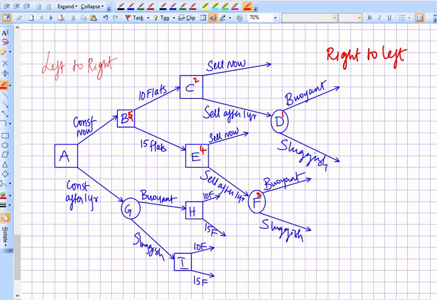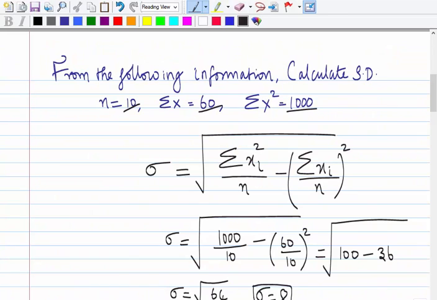Then similarly, if you want to evaluate at A, we should evaluate H, that is 6, then I, that is going to be 7. Only then we'll be able to evaluate G, that's 8. Then finally we'll be able to take a call at level A. So what we'll do, we'll try to capture all this scenario one after the other. We'll start with D. Let's see what happens when we start with D. Okay, so let me capture them here. Yeah, evaluation at D.